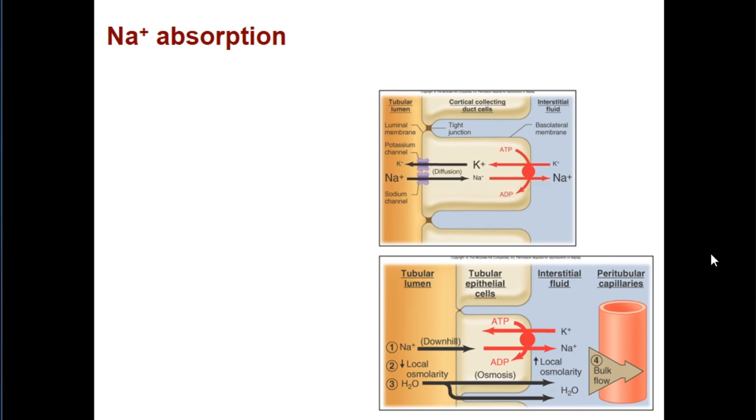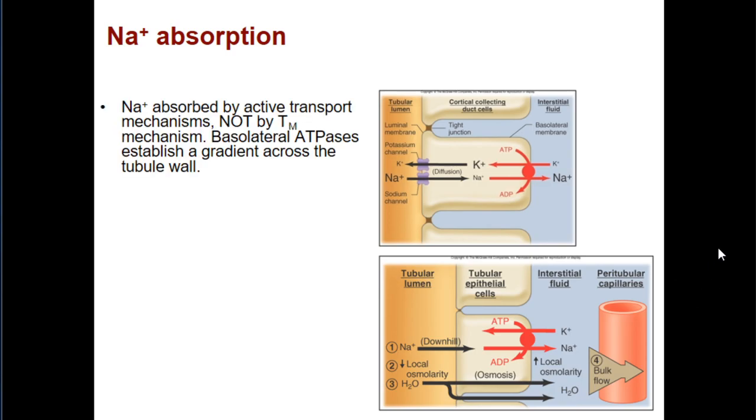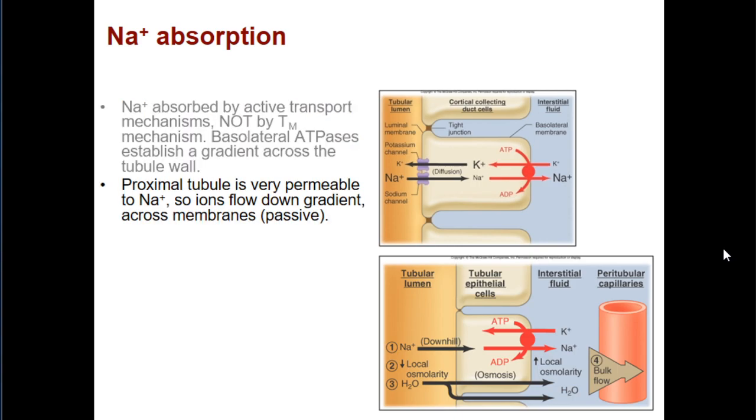Let's talk about sodium reabsorption. Sodium reabsorption will happen by active transport, but there will be no transport maximum in this case. Basolateral ATPases establish a gradient across the tubular wall. The proximal tubule is very permeable to sodium, so ions flow down the concentration gradient across the membrane, and that's the passive type of transport.